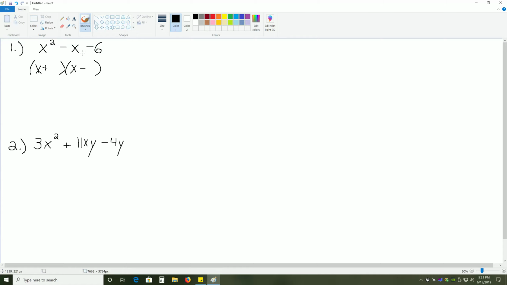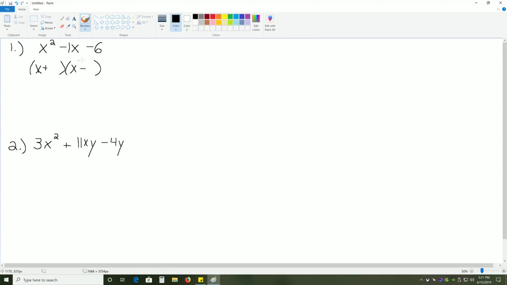At this point, we now look at the last number, the 6. We want two numbers that multiply to give us 6, but then add together to give us this -1 here. Remember, whenever there isn't a number in front of your variable, it means there's technically a 1.